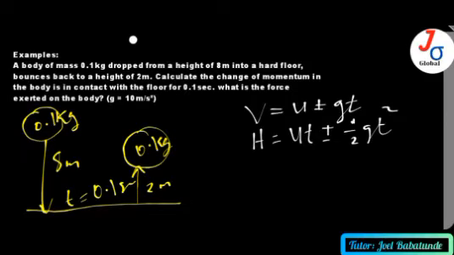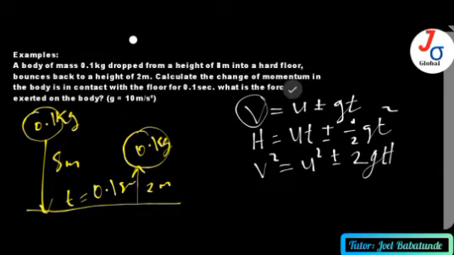And then the last one, V squared equals U squared plus or minus 2GH. Where V is the final velocity, U is the initial velocity, G is acceleration due to gravity, and T is time. H is height.